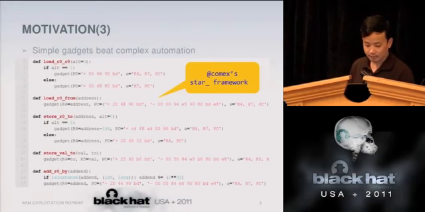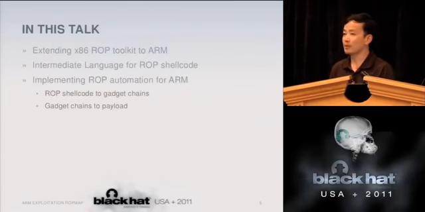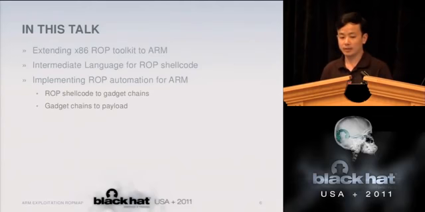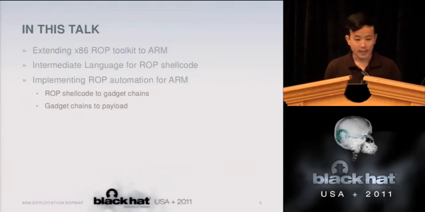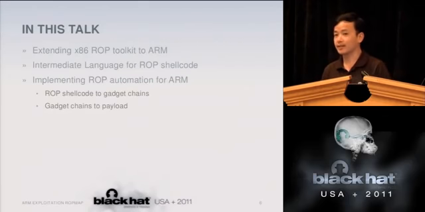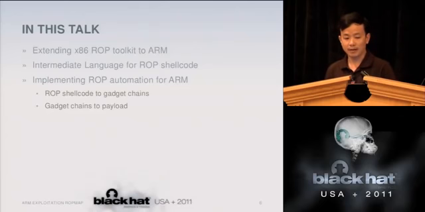In this talk, we will present just three things. First one is how to extend an available x86 ROP toolkit to support ARM architecture. Second one is an intermediate language for ROP shellcode writing, so you now have an easy way to write ROP shellcode and convert it to the payload automatically.